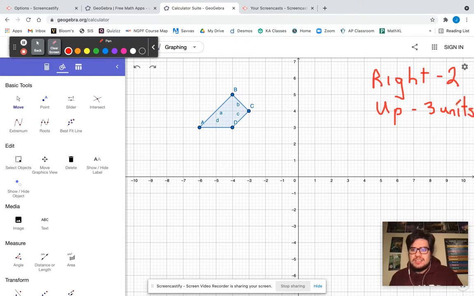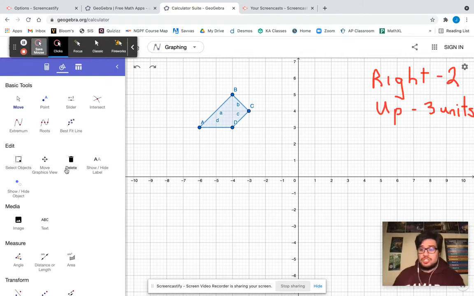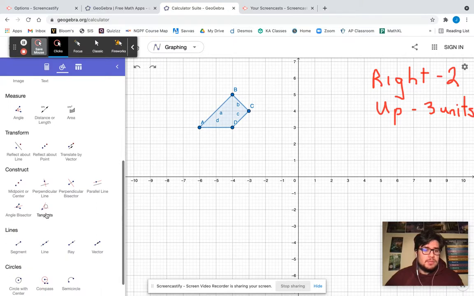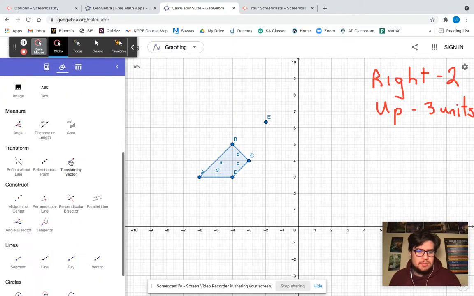Well, exact same thing. And again, I'm going to show it here on GeoGebra. And I'll show you how to do this also on patty paper, using a sheet protector, in the next upcoming videos. But just to show you how to do it, translate by vector. Let's click on the shape again.